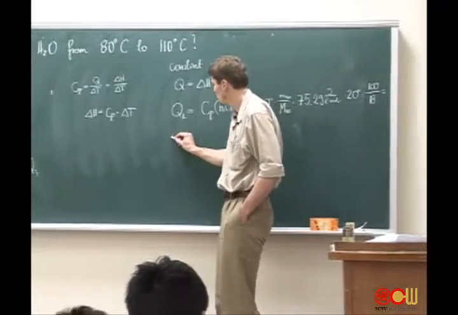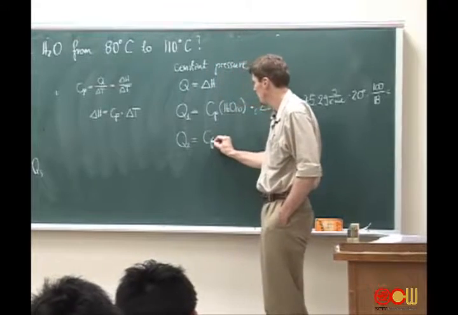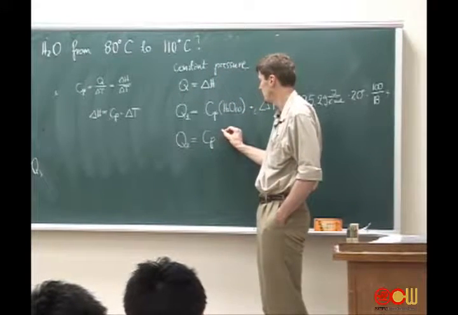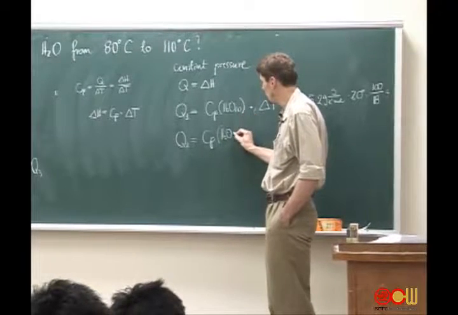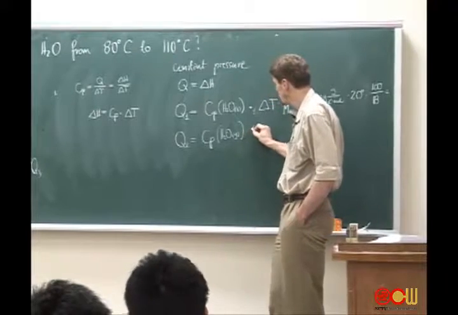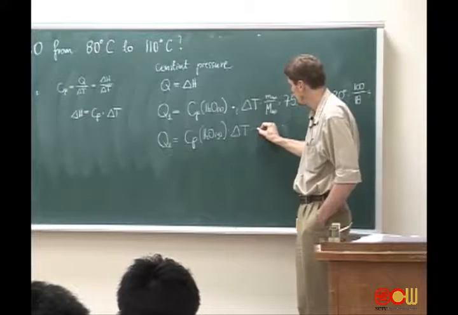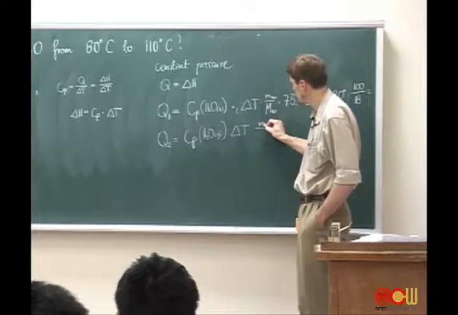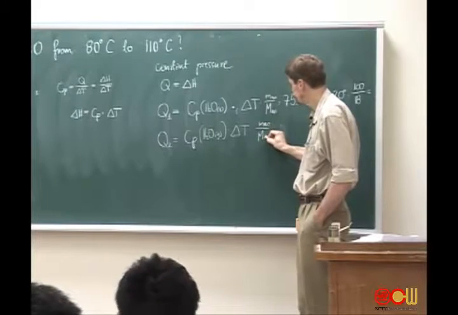Then Q2. Q2 you calculate in a similar way. It's the heat capacity at constant pressure of water, but this time not of liquid water, but of gas water, times the difference in temperature times the change from grams to moles.